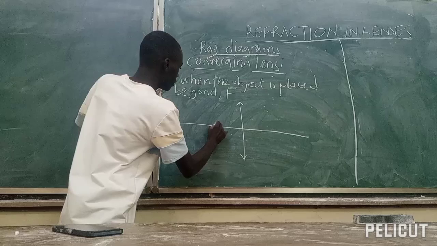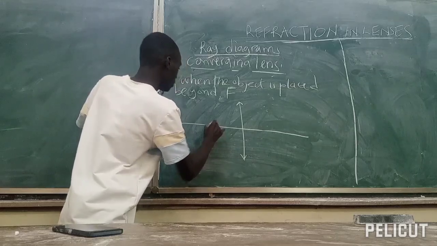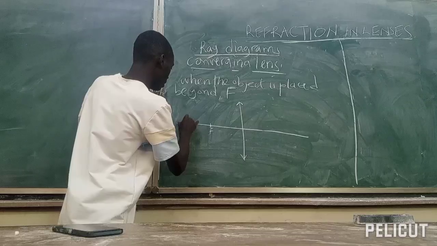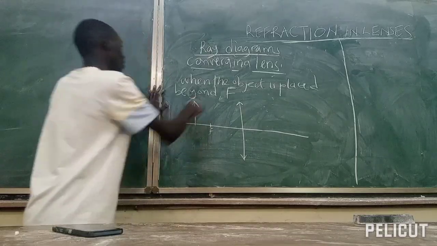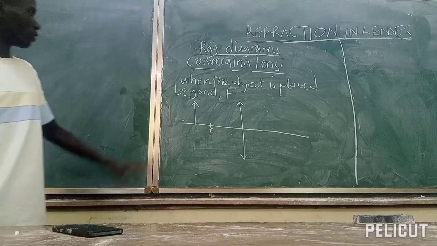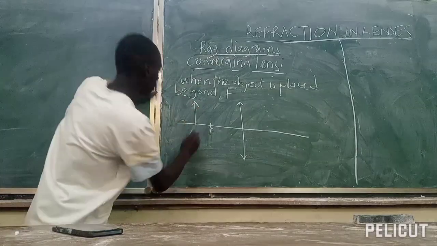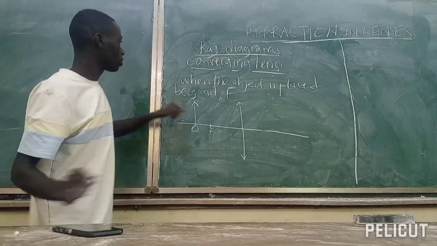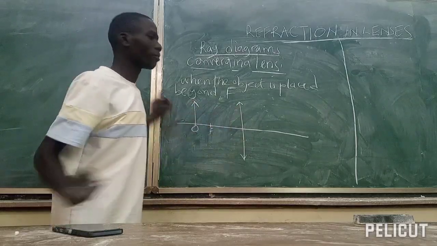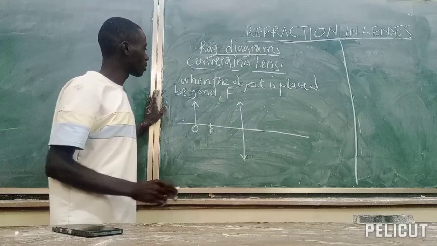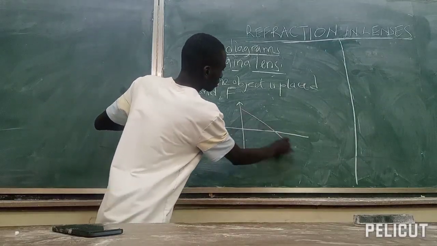So if this is my F, the object is placed beyond F. So we shall see a ray coming from our object. This is our object O. It will come to the lens, but it converges after refraction. So it will be falling like this.